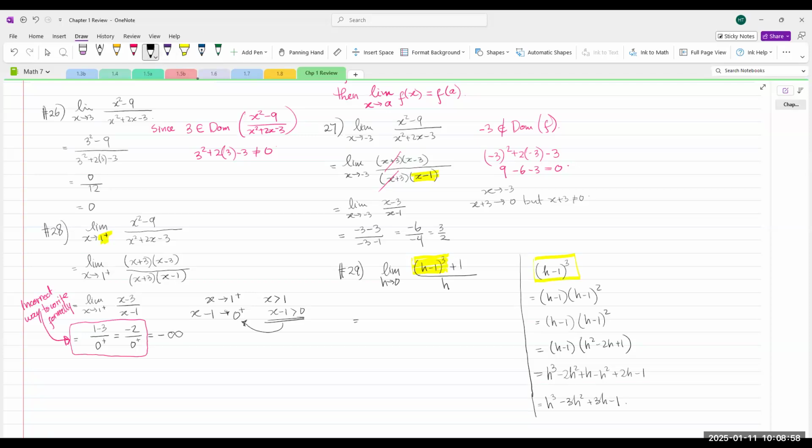Now I continue, limit h approaching 0 of (h cubed minus 3h squared plus 3h minus 1, plus 1) over h. I basically copy paste whatever I have in the yellow there to the top left.